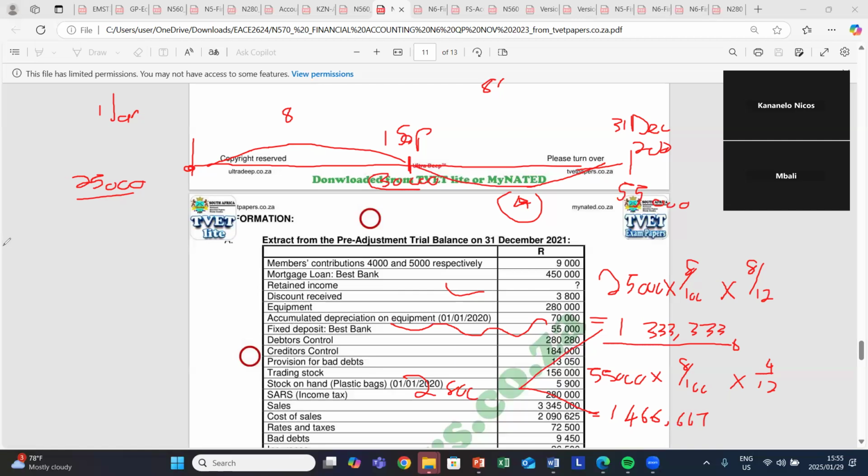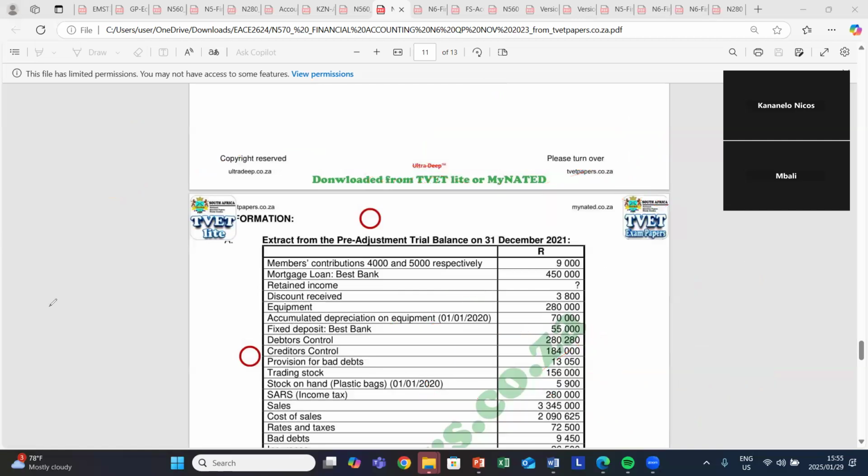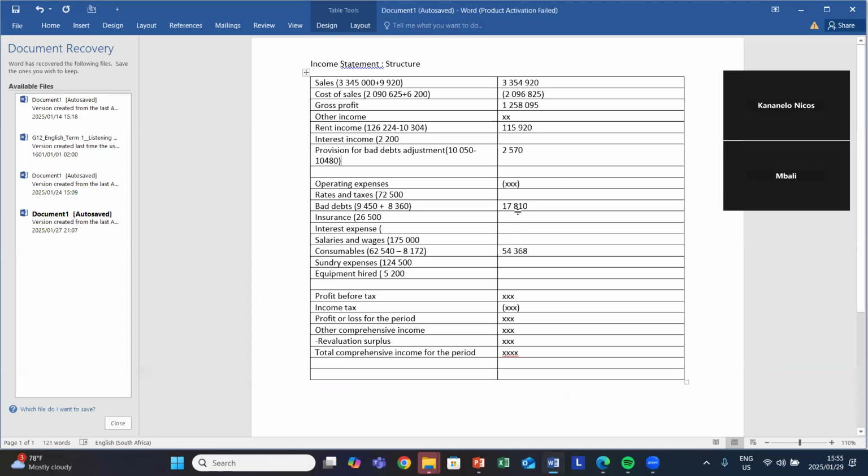So Tina, this is the interest income that is supposed to be recorded for this year. It's our final answer for interest income, and you'll write it here: 2,800. The interest income that you normally calculate is normally your final answer.